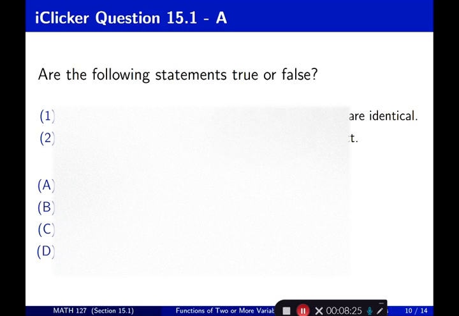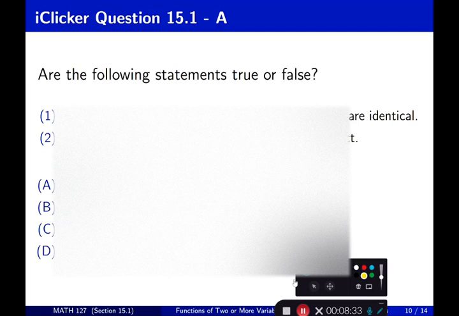So for these two to be identical, they have to have the same curves. Remember, we're not putting any label on them. You only label when you make the contour map, that's another part. So if I have f of x and y, if I set it equal to 1, I get x equal to 1 as a level curve. How about if I set g of x and y equal to 2?